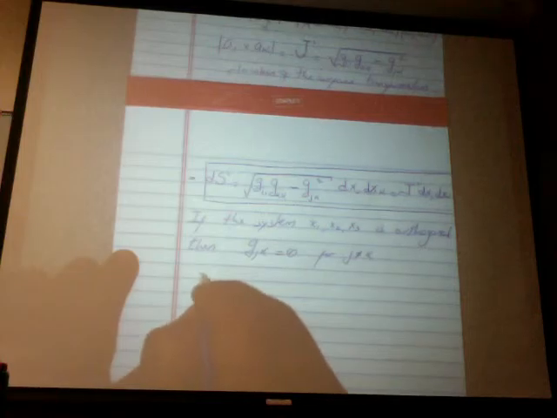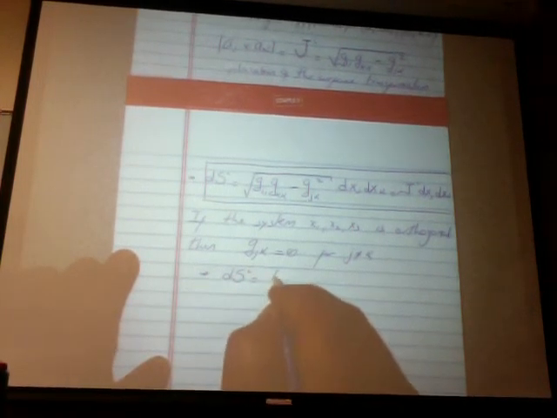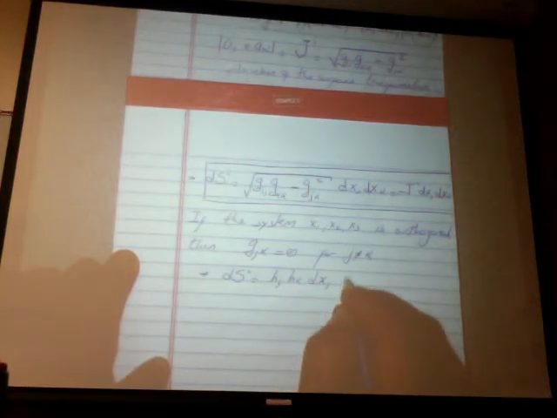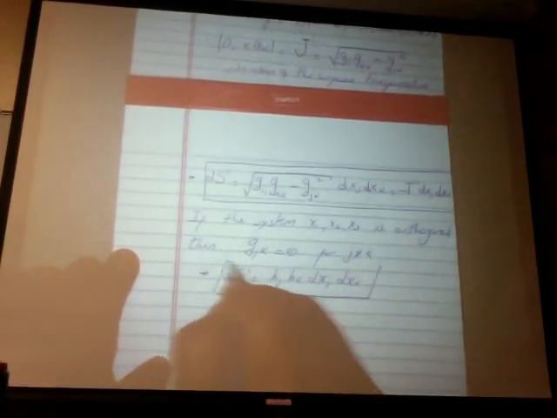And therefore, dSi is equal to hj hk dxj dxk. That's only for orthogonal systems.